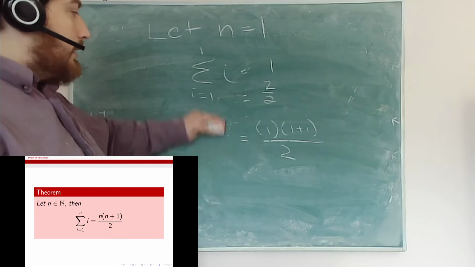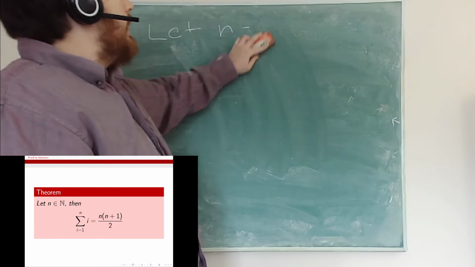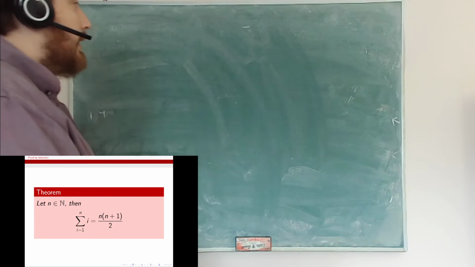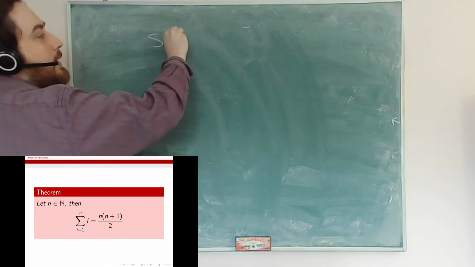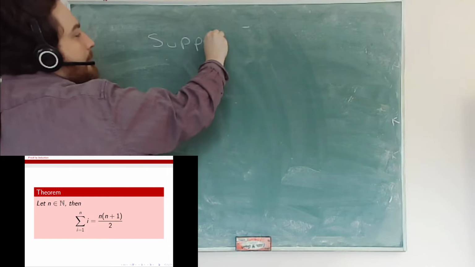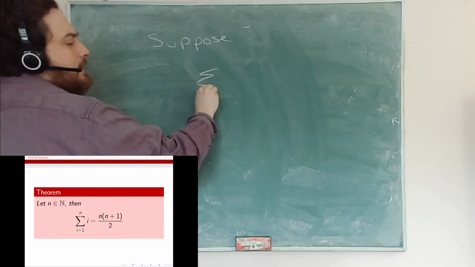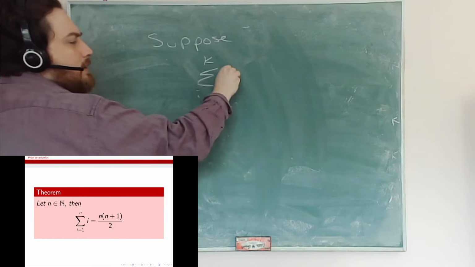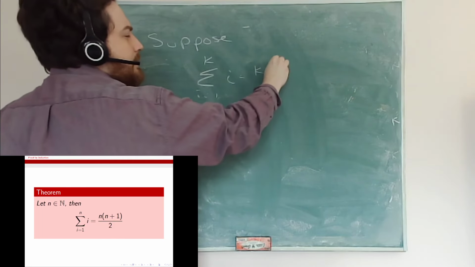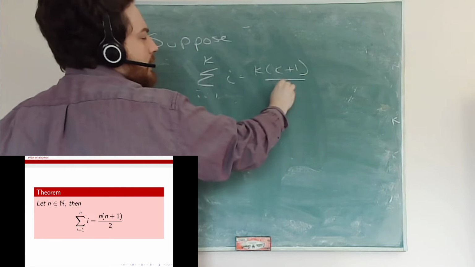All right, with that, we're now going to suppose that the sum from i equals 1 to k of i is equal to k times k plus 1 over 2.